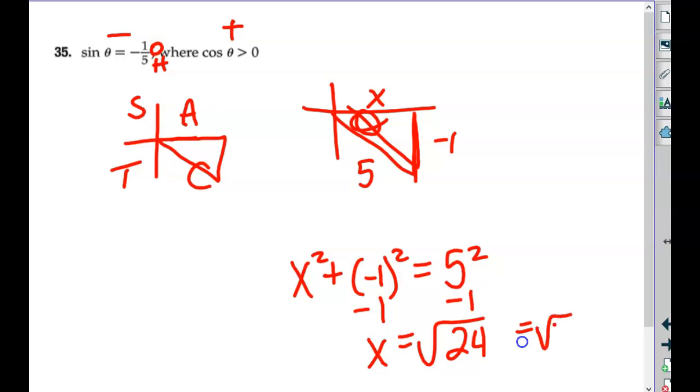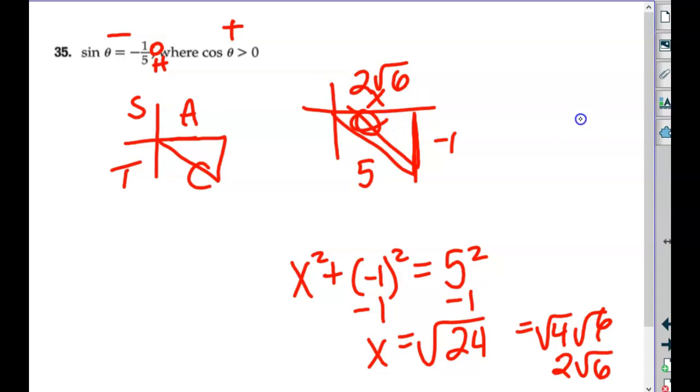Did I go too fast? You okay? This is a positive 1. So we're subtracting it over here. Okay. 2 square roots of 6, anybody? Positive or negative? As you went to the right, that's positive.